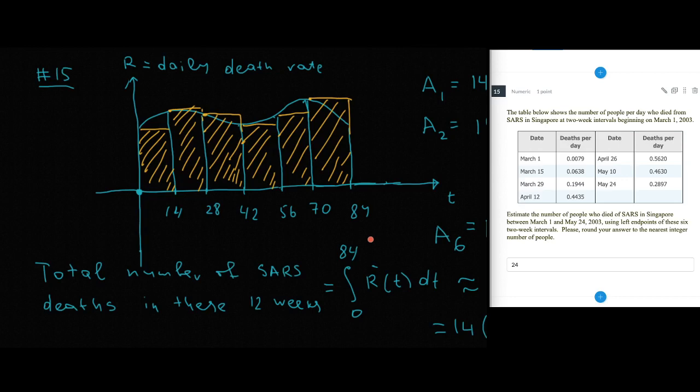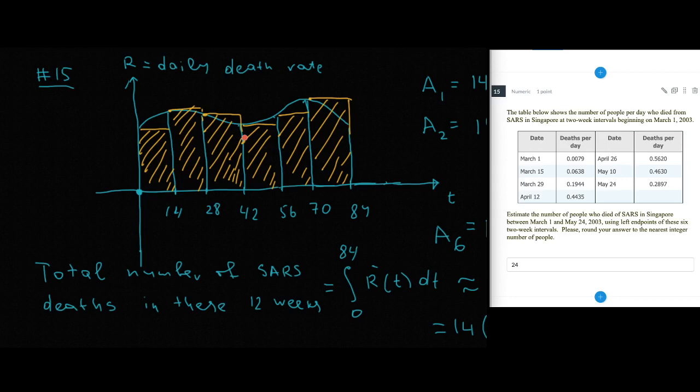So in general, I drew here schematically a graph of this function R of t, the daily death rate. Just a schematic graph, it's probably not going to match the numbers in the table, but it's not that important for our problem. I just wanted to indicate the principle that we use.